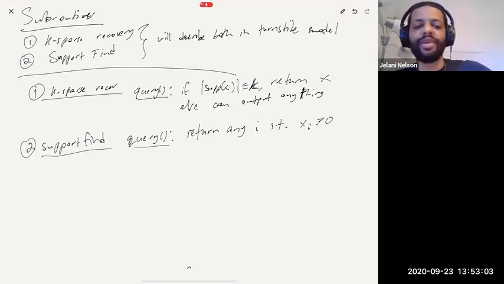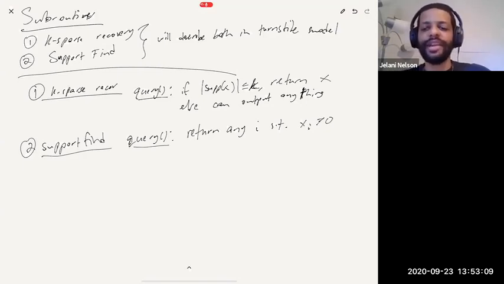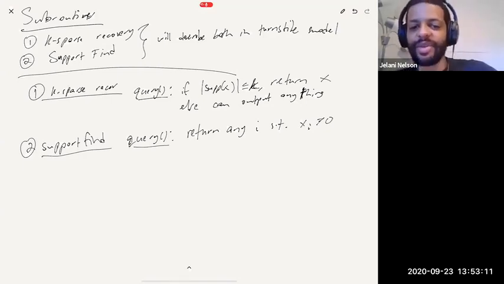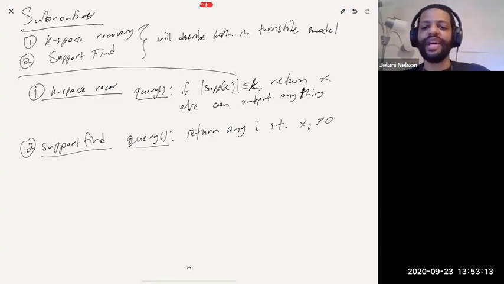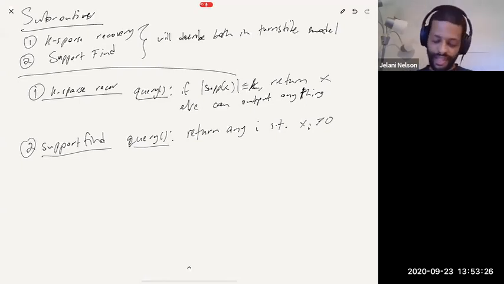But that's a wrong way of thinking, because what if I insert a million edges and then I proceed to delete 999,999 of them? There's only one left. It's very unlikely that the sample that you kept is the one that survived, right? But a support find data structure has to handle that scenario, and it should succeed with probability at least 1 minus delta.